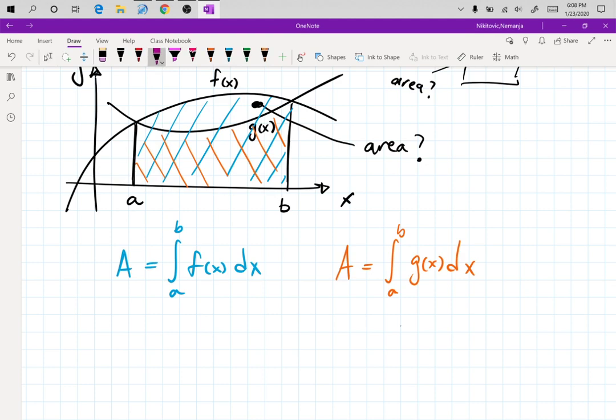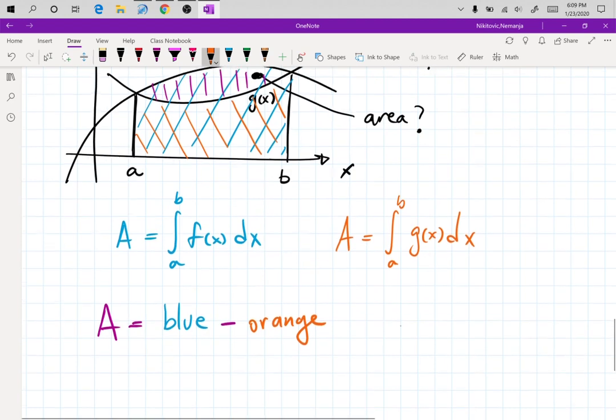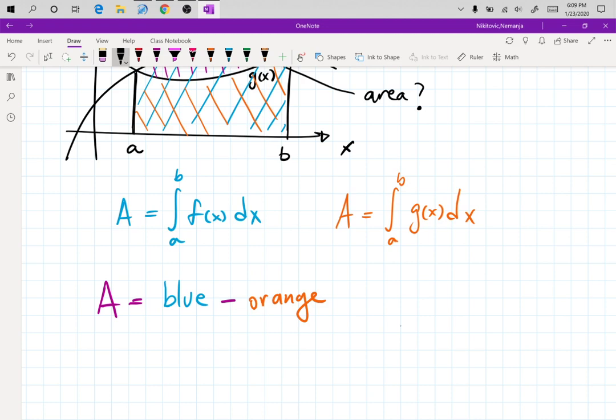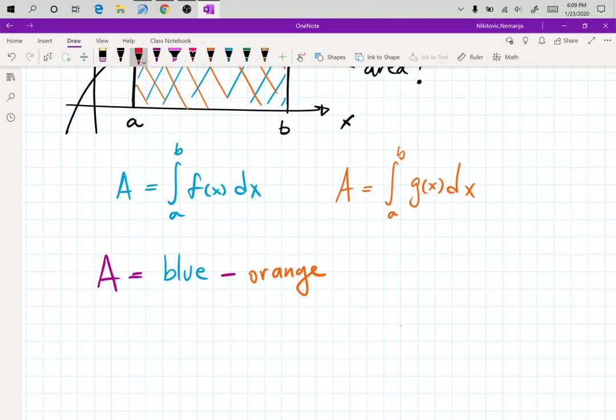So, the area is equal to blue minus orange. So what is the formula? The formula is, here, I'll write it in blood.